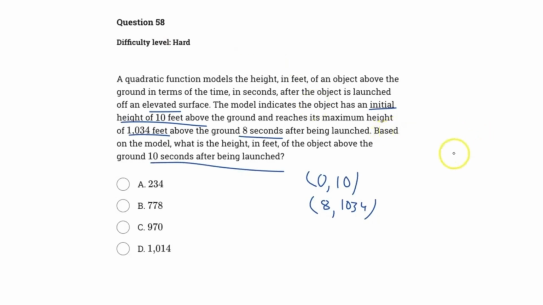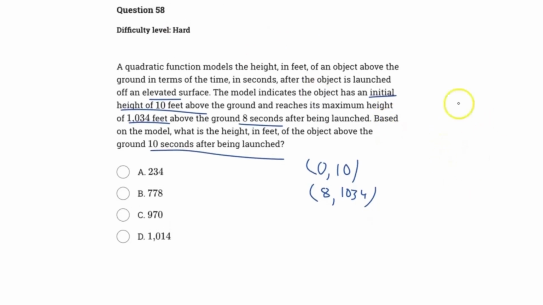Therefore, to find the last coordinate point, it's actually not that hard because you have to think about a quadratic function, right? If I have a quadratic function, I'm going to draw the axes, and then the graph is going to look something like this, right? And what we know about a quadratic function is that it's symmetrical, right?